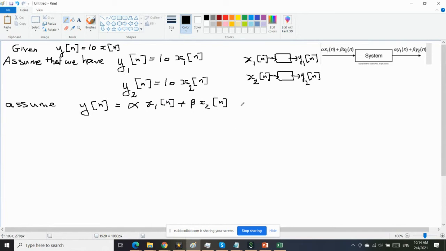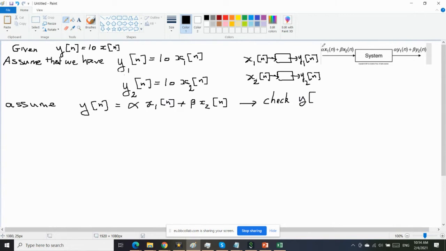So what we need to do is check this formula.